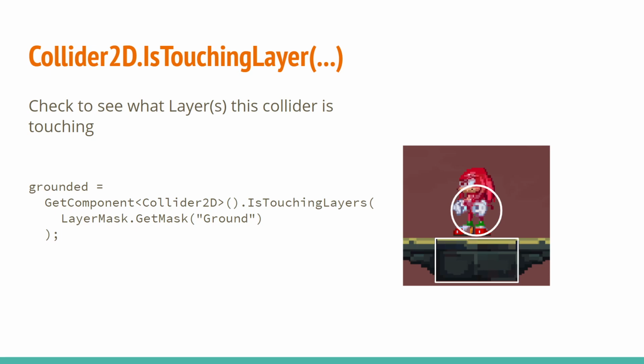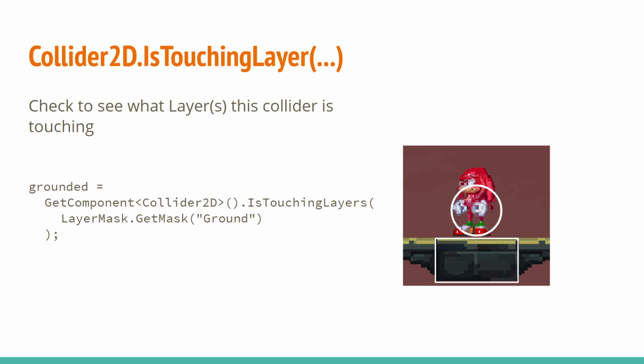Now, additionally, once the physics system is doing the work, turns out there's all sorts of state inside there you can also get at. So yet another way. At any moment in time, you can check to see what layers any particular collider is touching. So this is one where you could say, well, am I touching any layers at all?